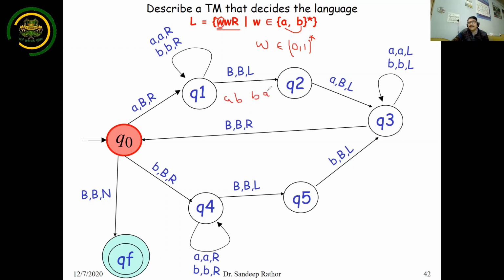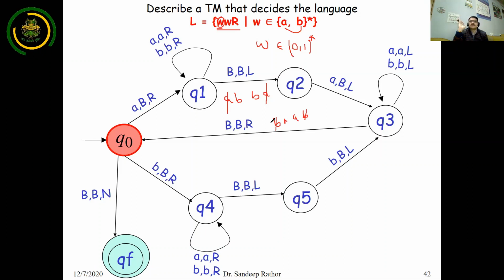So if we start with A, at last we will find A. If we start with B, then definitely we will find B at the last, because it is the reverse.